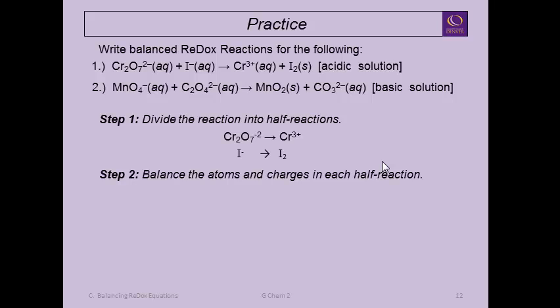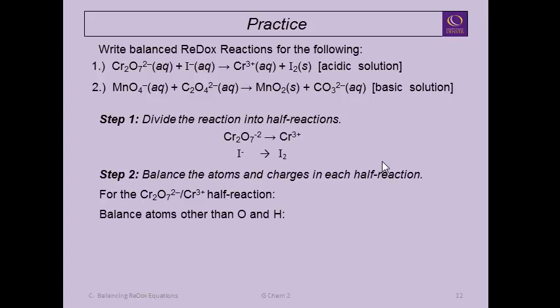Now what we need to do is balance the atoms and charges in each half reaction that are non-oxygen atoms. So in this case, you would actually need a 2 with the chromium ion to balance out the 2 chromiums in the original Cr2O7 2- ion.